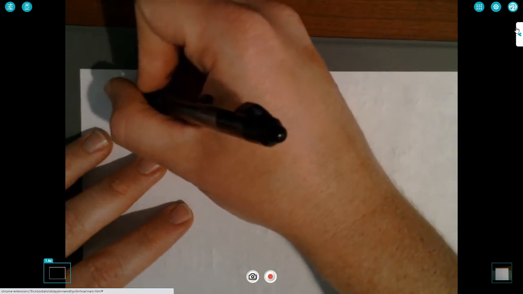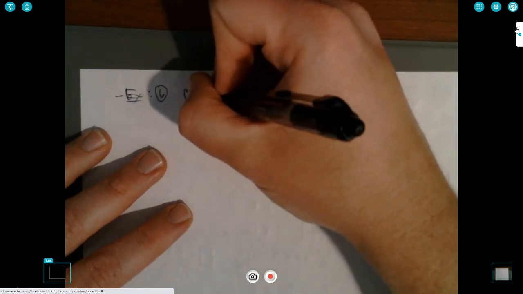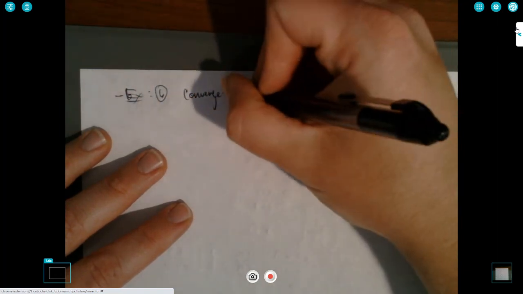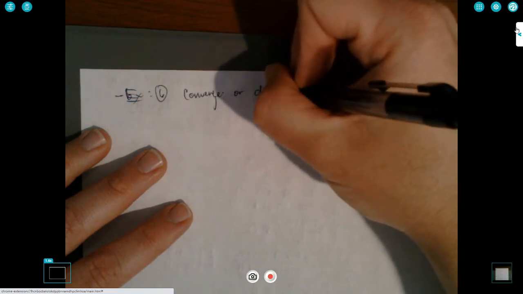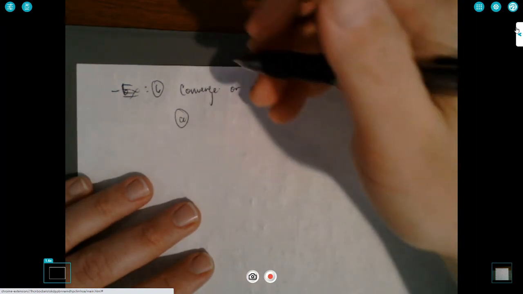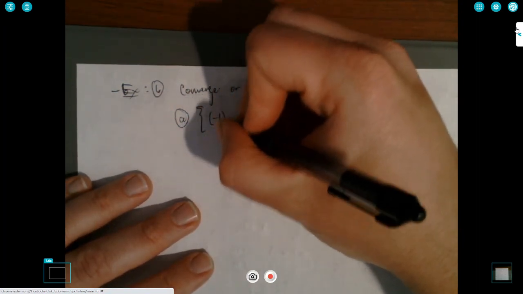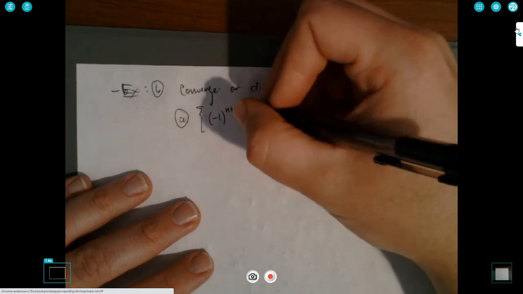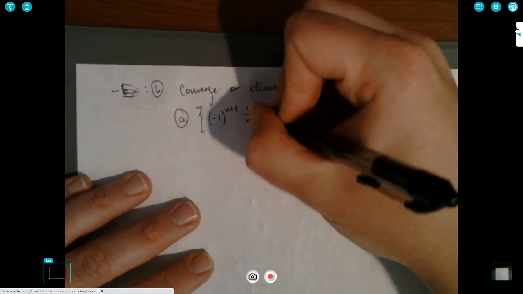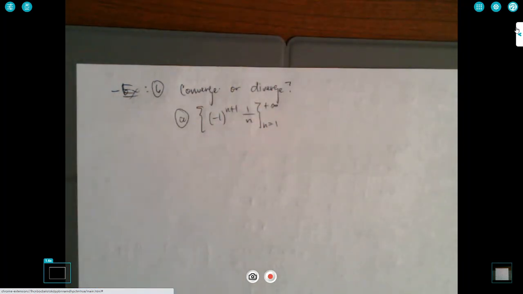Example 6, does the sequence converge or diverge? Well, let's see. Let's do this for the sequence (-1) to the n plus 1 times 1 over n, from n equals 1 to infinity.